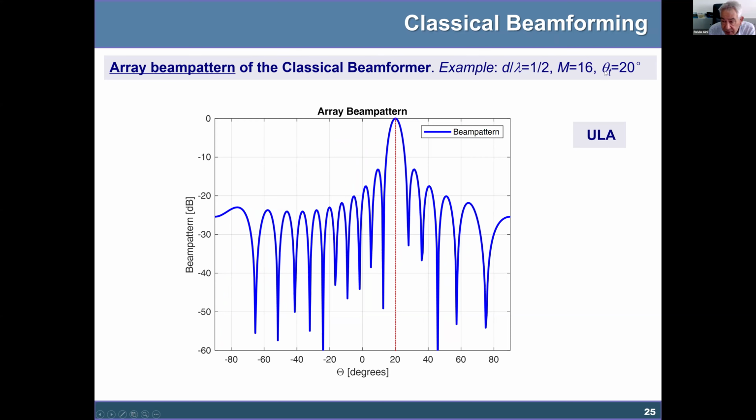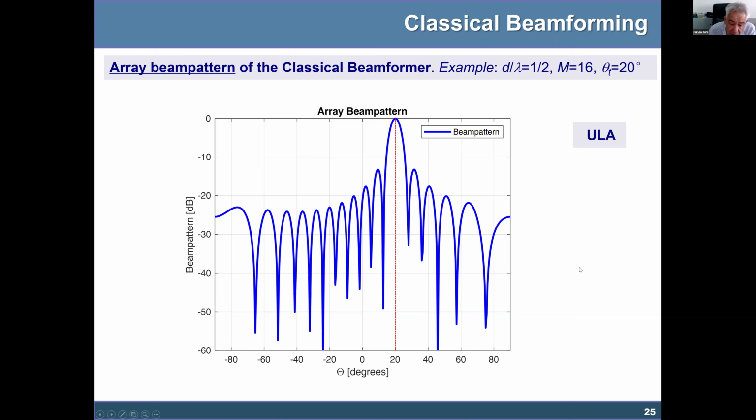Now, if the target is coming from a different angle, for example, 20 degrees, you can see that the method is still consistent, because now the beam pattern has a peak exactly at 20 degrees. But it's not just a shift of the previous beam pattern.